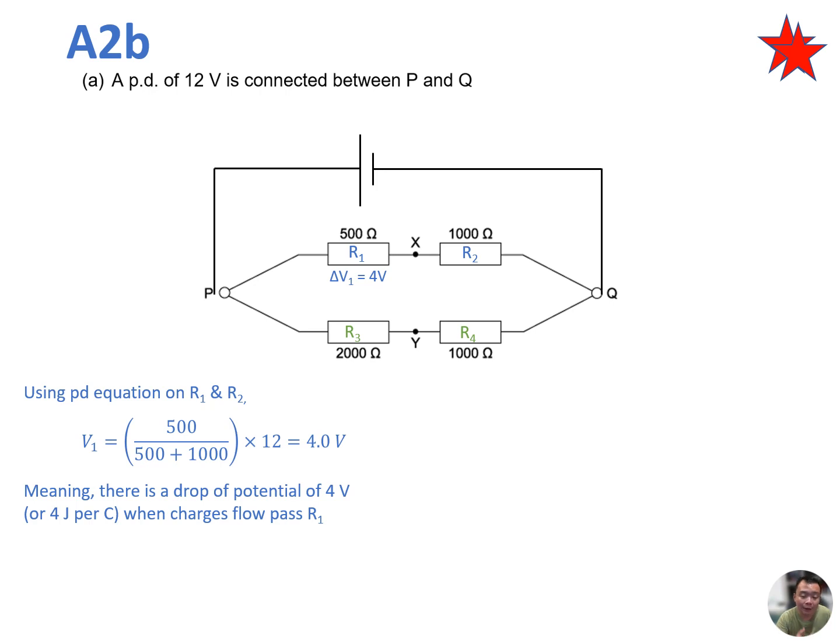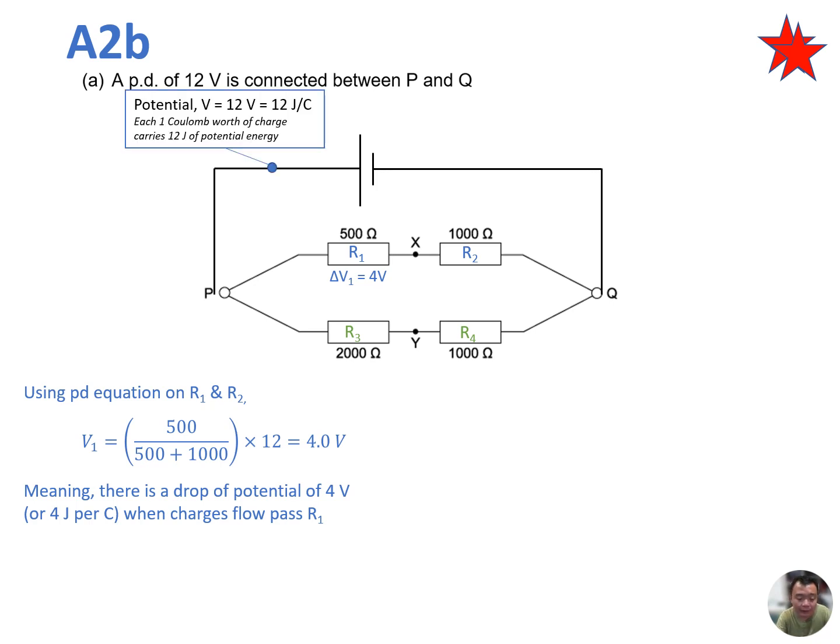Again, a potential difference across the resistor R1 of 4 volts means that as charges go past this resistor, there is a decrease in the potential energy of these charges. Every 1 coulomb worth of charge will give 4 joules of potential energy to the resistor for it to operate.